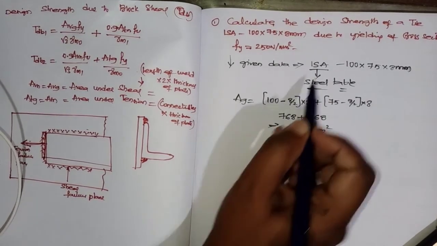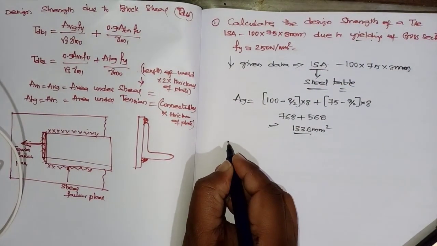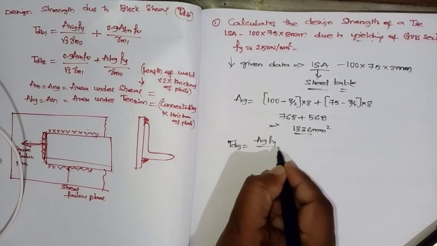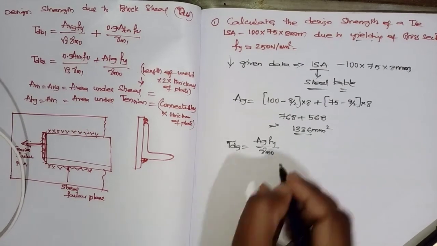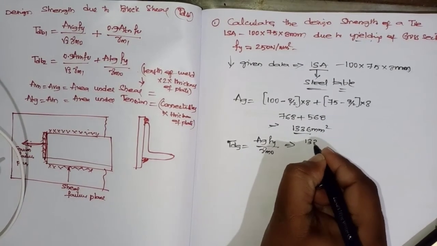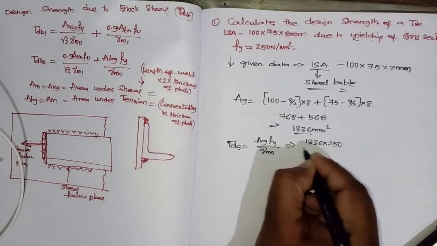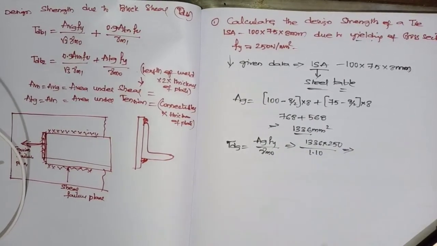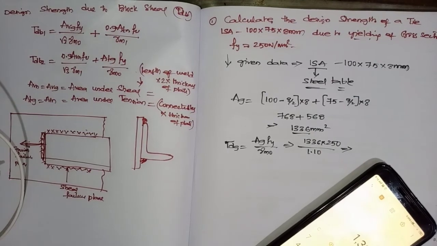Now for yielding, what is the formula? Tdg equals AG Fy by gamma m0. AG is 1336, and Fy is given as 250, divided by gamma m0, which for yielding is 1.10. You should remember these values, even though the code is there.